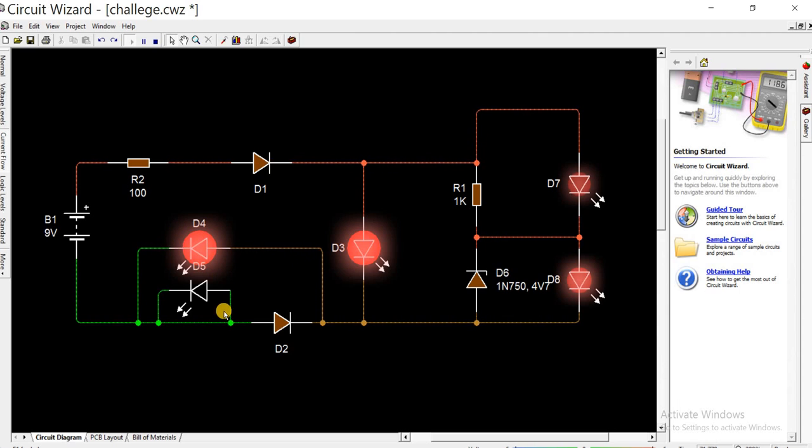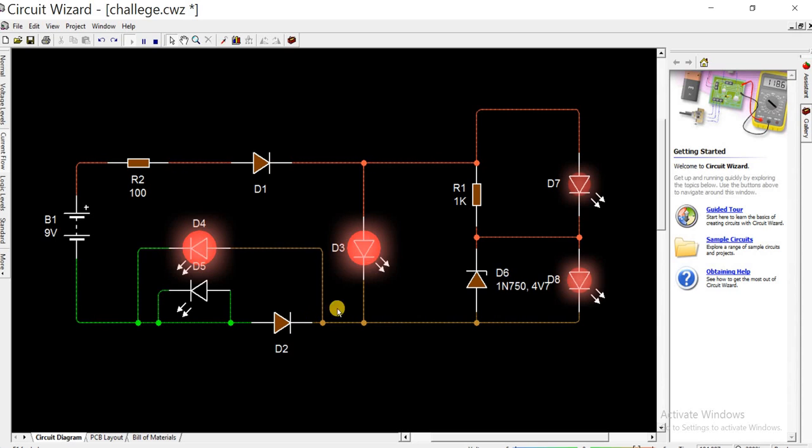You know these circuits. For a current to flow in a circuit, there must be a closed path. The current must be able to flow from positive to negative without any interruption, without any obstruction. So if you check this circuit now, you see that the current cannot move through this diode because it is reversed.